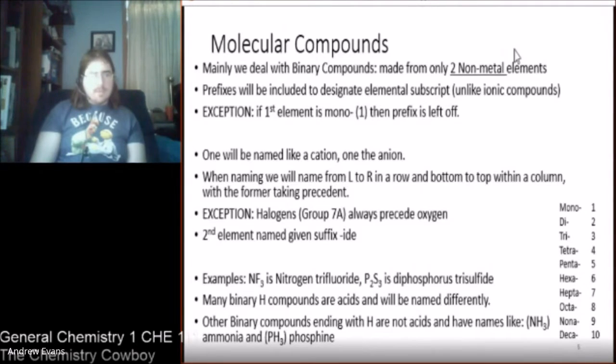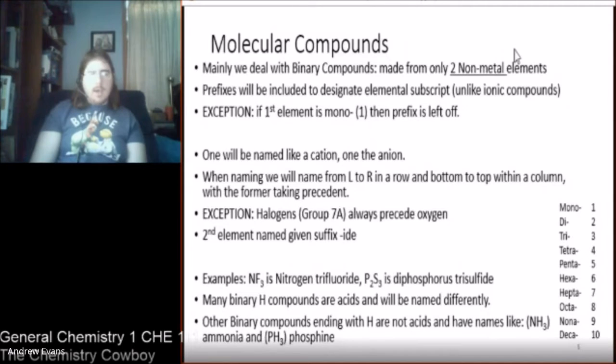but all other elements will get the prefix. So the prefixes, real quick: mono, di, tri, tetra, penta, hexa, hepta, octa, nona, and deca. Probably not going to use all of those, but they're right there on this side. Mono, monotone, one tone.